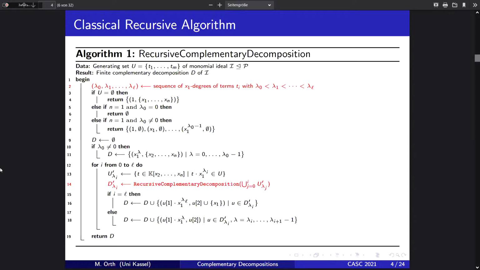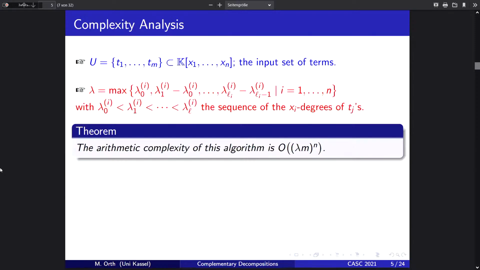Since this algorithm is pretty well known in the literature, I will just mention that we, as a contribution in our work, have performed a complexity analysis of this. And here, two numbers are very important. The number m of terms in the generating set and the number lambda, where we look at degree differences in single variable degrees.